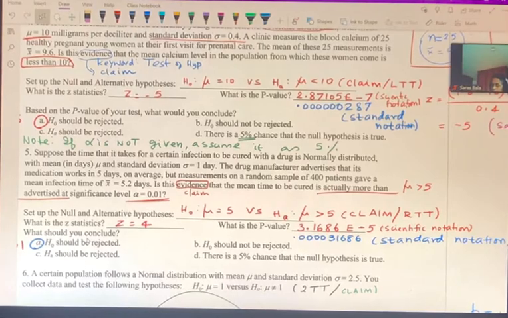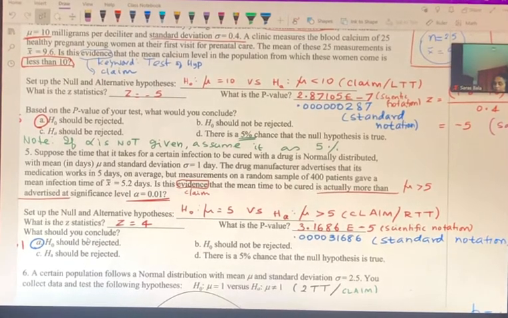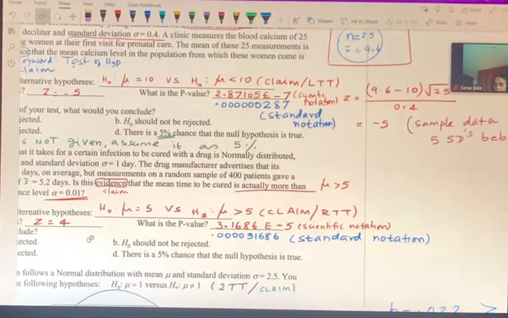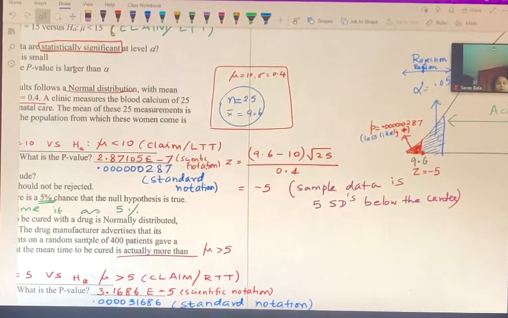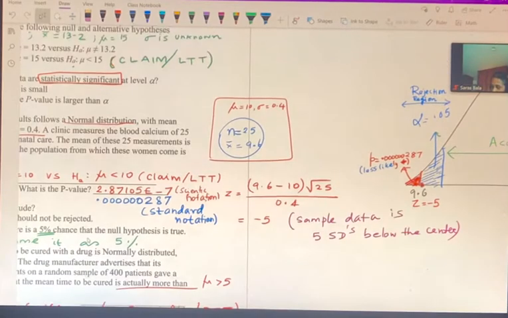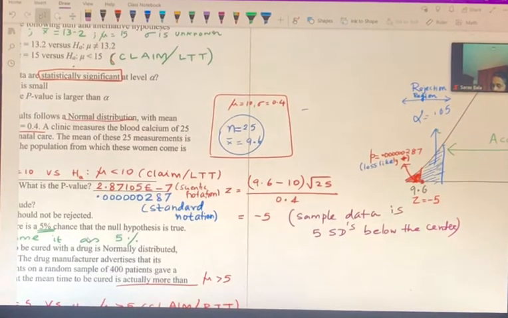All right. Now by hand, I'm going to do my z-score. The z-score is 9.6 minus 10. Remember the z-score formula: x bar minus mu over sigma over square root of n. I'm writing it one more time: x bar minus mu over sigma over square root of n.